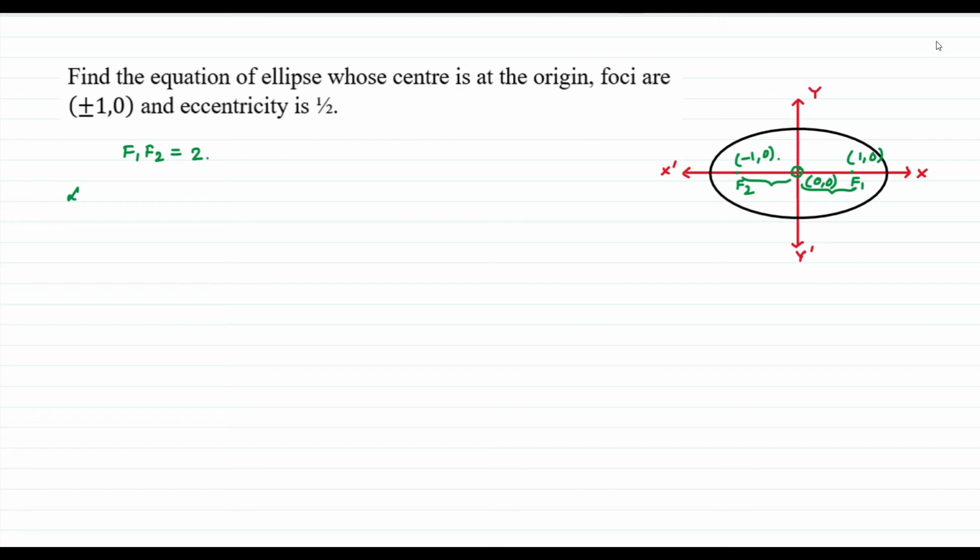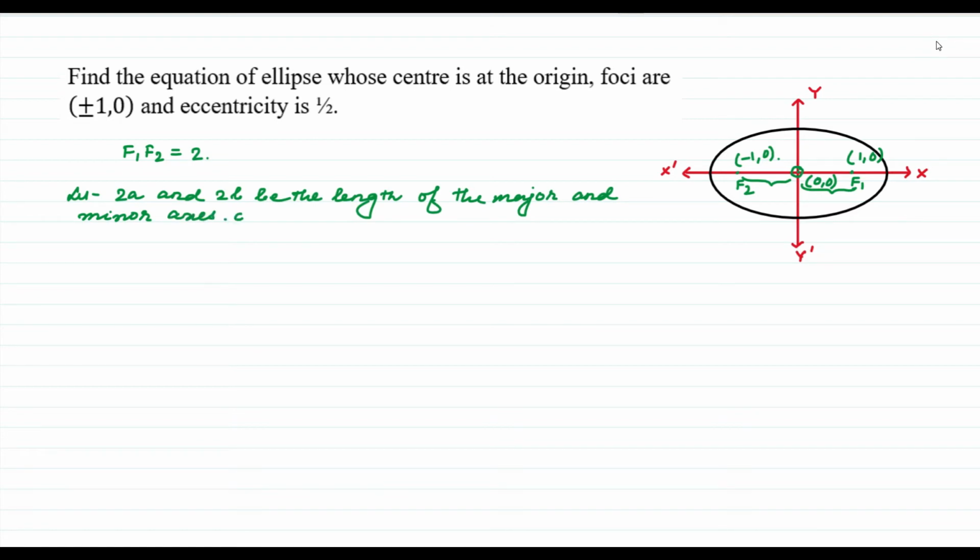Let 2a and 2b be the length of the major and minor axis of the required ellipse with eccentricity e.